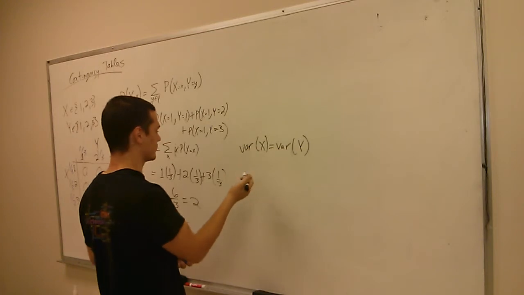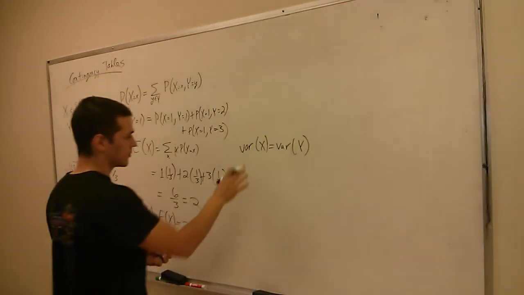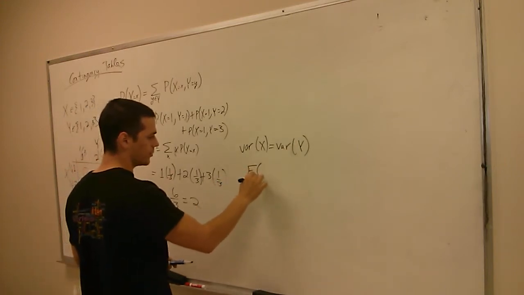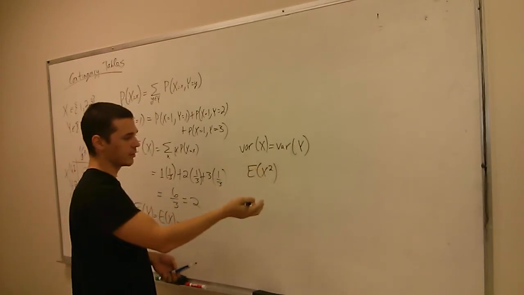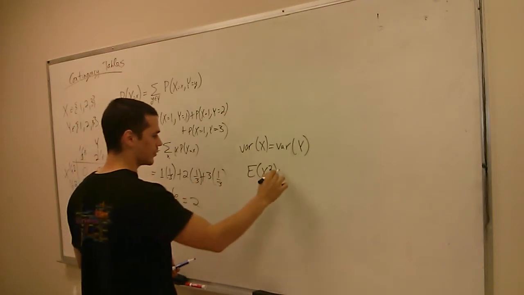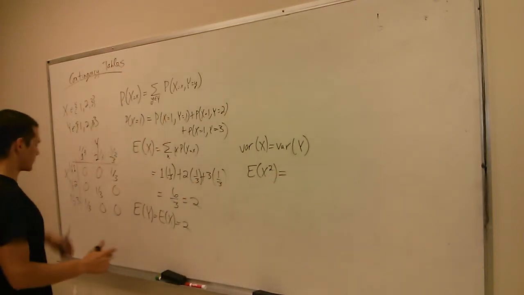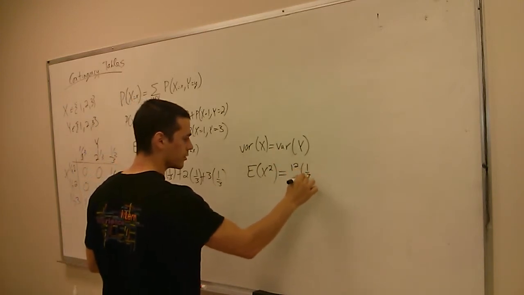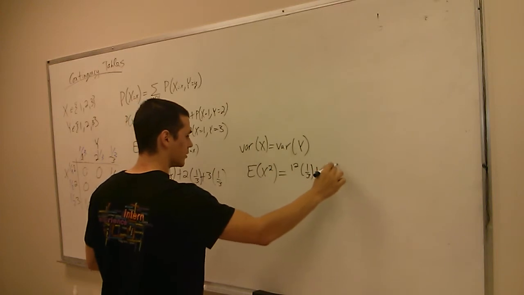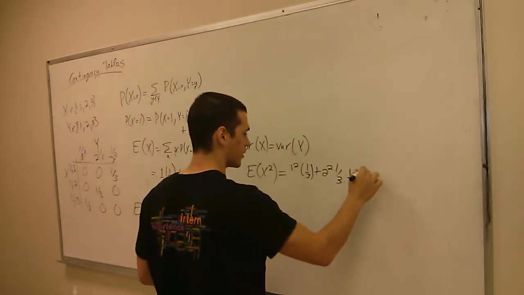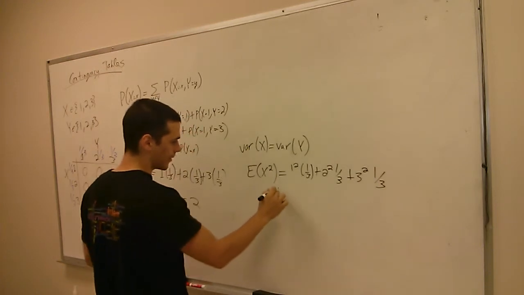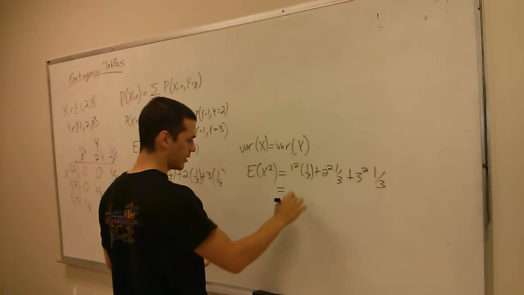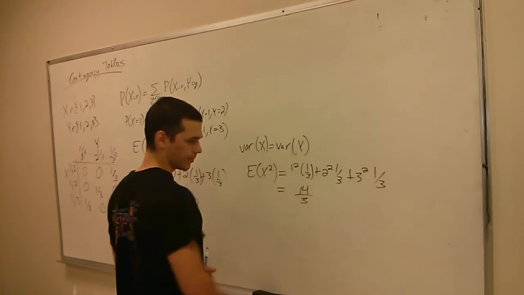So how do we compute the variance of x? So we have E of x, so we would want to compute E of x squared, and then we can combine them using a formula to get the variance. So E of x squared is going to be 1 squared times 1/3 plus 2 squared times 1/3 plus 3 squared times 1/3. And this is going to be equal to 1 plus 4 plus 9, that's 14 divided by 3.